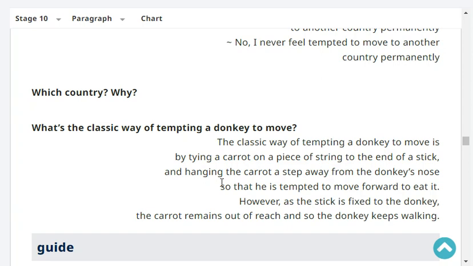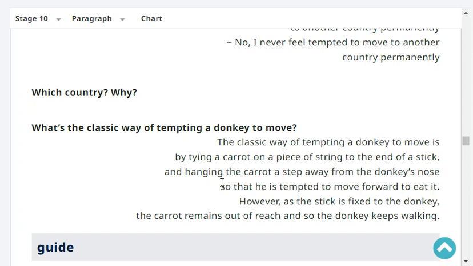What's a classic way of tempting a donkey to move? The classic way of tempting a donkey to move is by tying a carrot on a piece of string to the end of a stick and hanging the carrot a step away from the donkey's nose so that he is tempted to move forward to eat it.